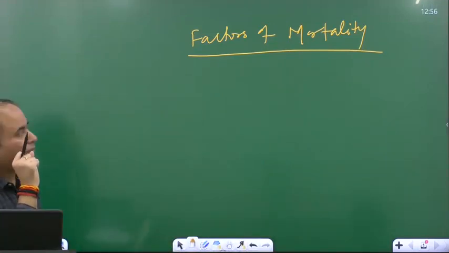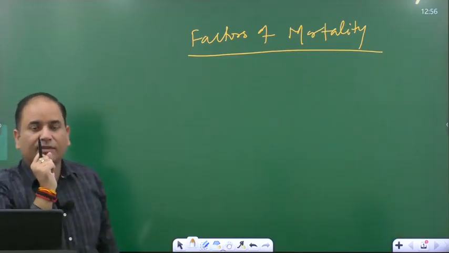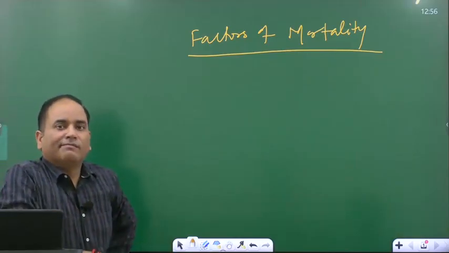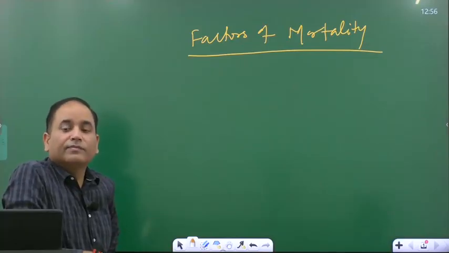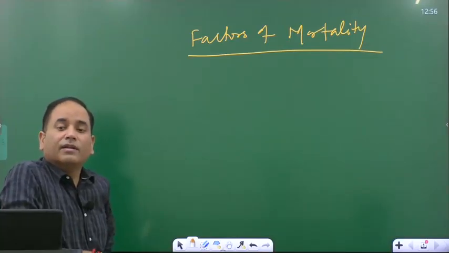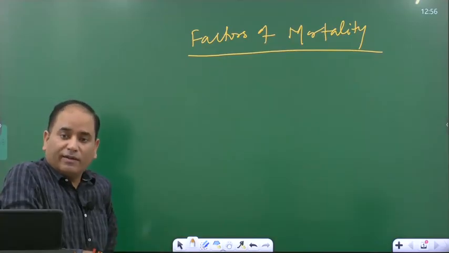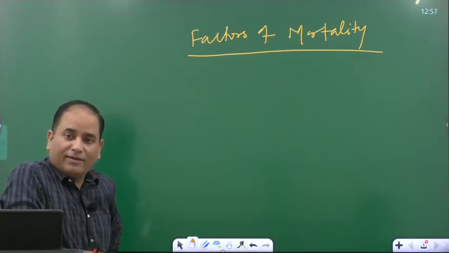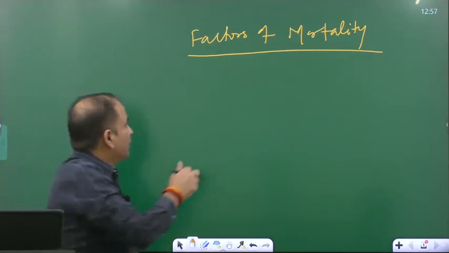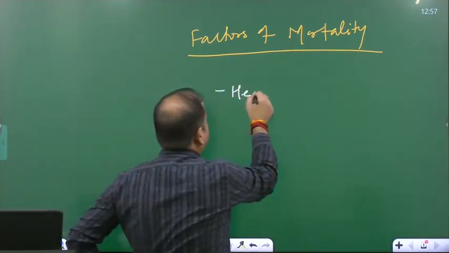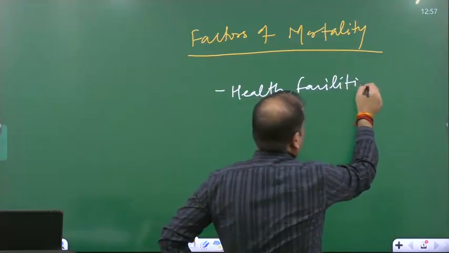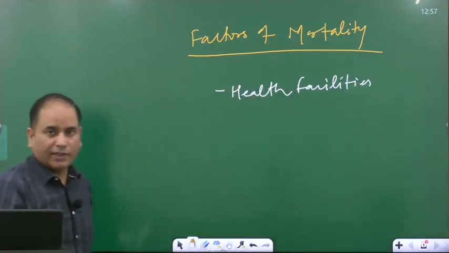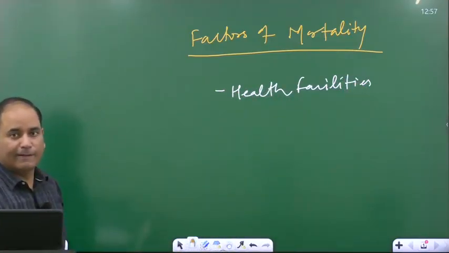What could be the main factor of mortality? Think about it. Survival? Survival like what? So here the topmost is health facilities. ठीक है? Health facilities. What else?